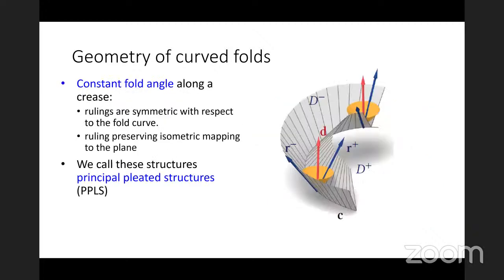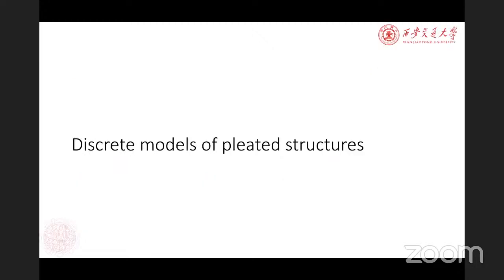A special case of curve pleated structure is the principal pleated structure. The principal pleated structure has constant folding angles around each curve, each crease. So they can isometrically deform onto a 2D plane. During the deformation, the property of constant folding angle is always true. So we call such kind of structure principal pleated structure.